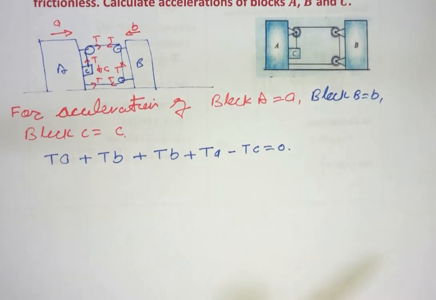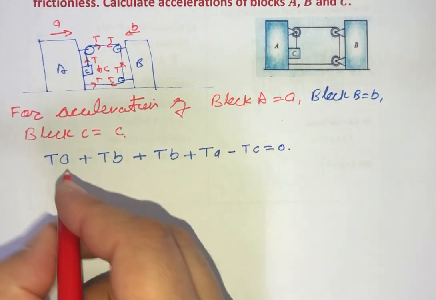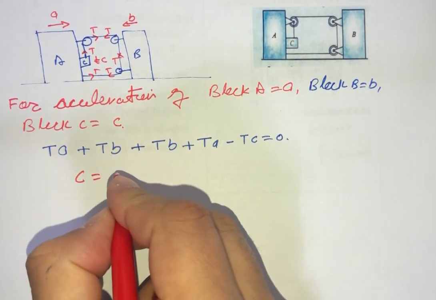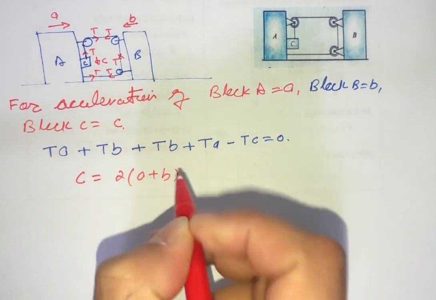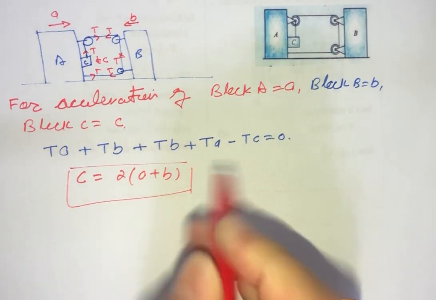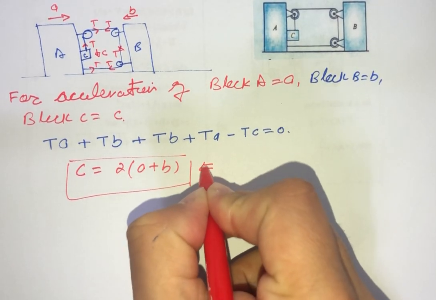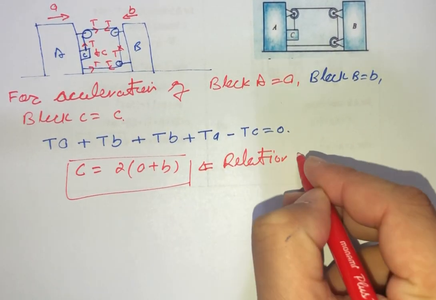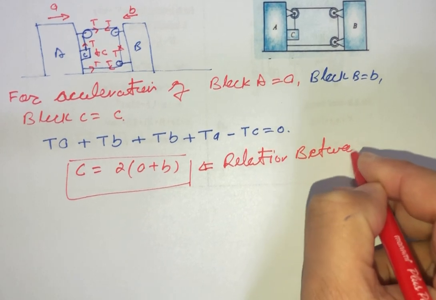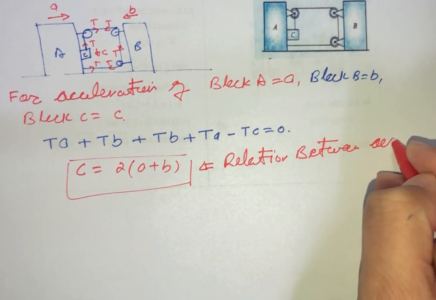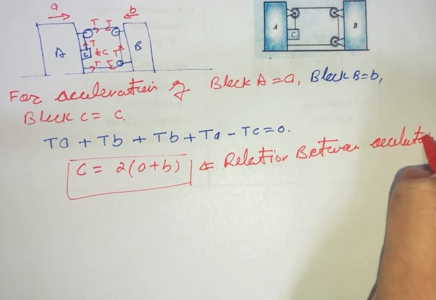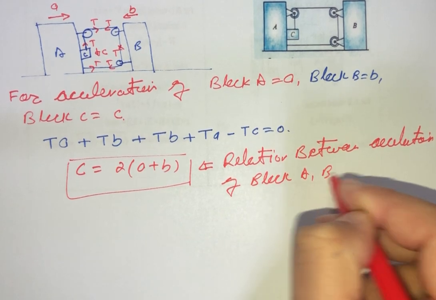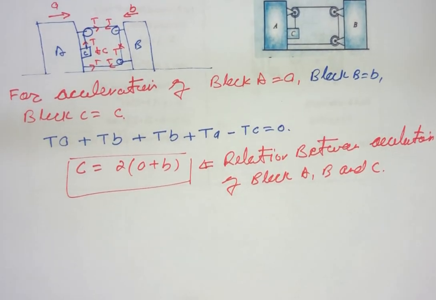So the tension will be removed, and we can say that c will be equal to 2 times (a plus b). So this is the constraint relationship between the accelerations of blocks A, B and C.